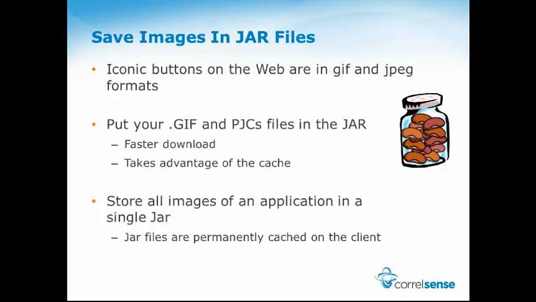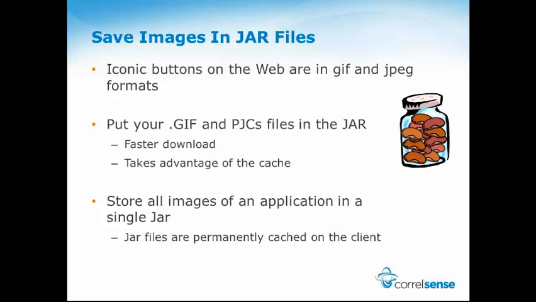In terms of images, another quick tip is to use what's called a jar file to download the images. How it works now is anytime you have an image or an iconic button, it does a network trip to actually download the image from the server. If you use a jar file, how it works is when the system is loading initially, a zip file or jar file of all the images is downloaded to the client and cached on the client, and therefore all the images are taken from the client as needed.